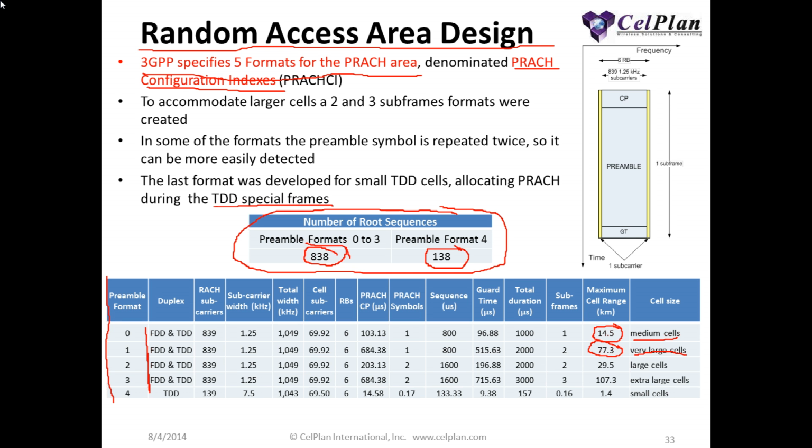And both have an 800 microsecond preamble, and they use one PRACH symbol, in one or two subframes. The need for a second subframe here is because the guard times are very large due to the very large cell size.